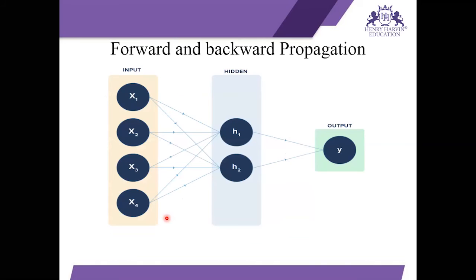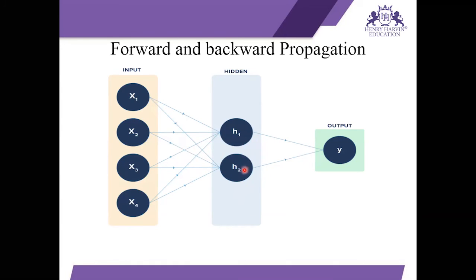Now look at this diagram. What do you understand from this? Here you can see that there are 4 inputs or nodes in the input layer, 2 nodes in the hidden layer, and 1 node in the output layer. These lines indicate the connection each node has with the nodes in the next layer.